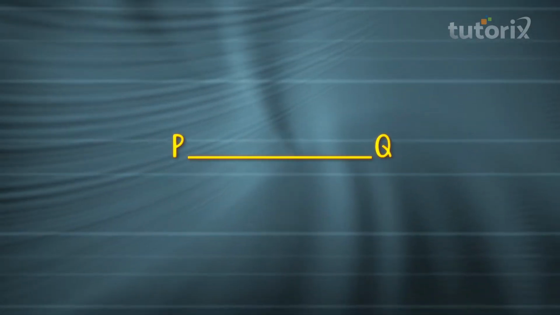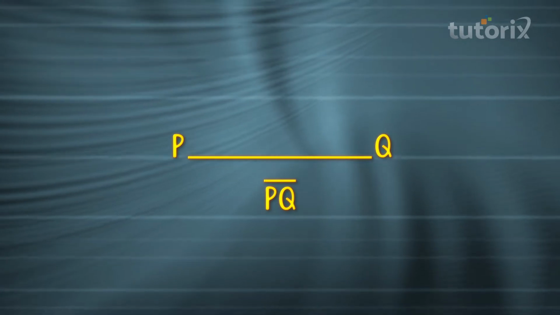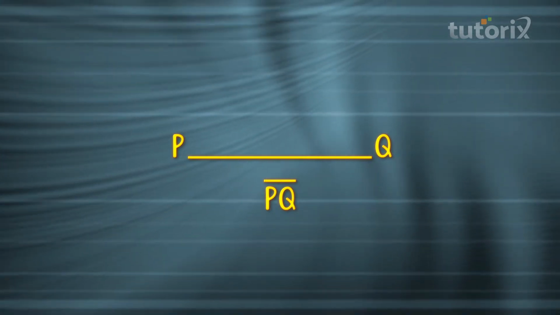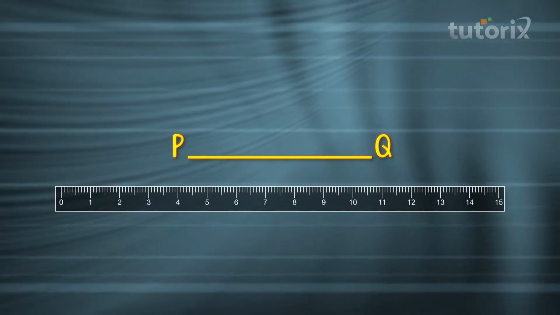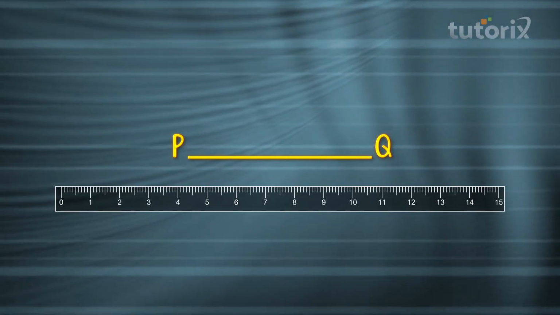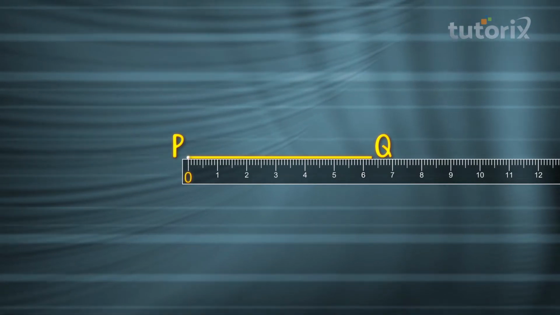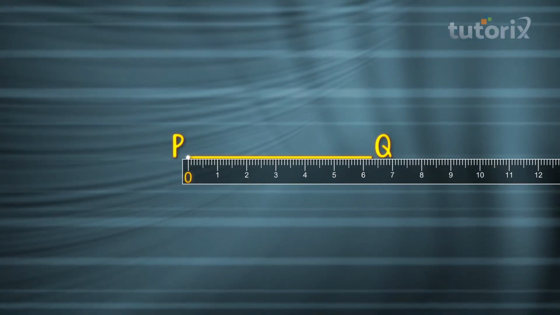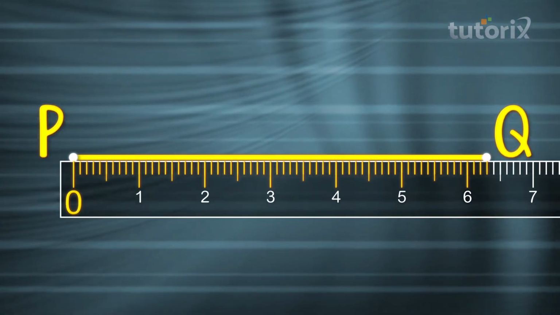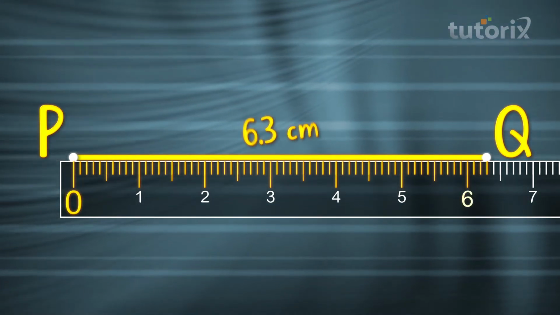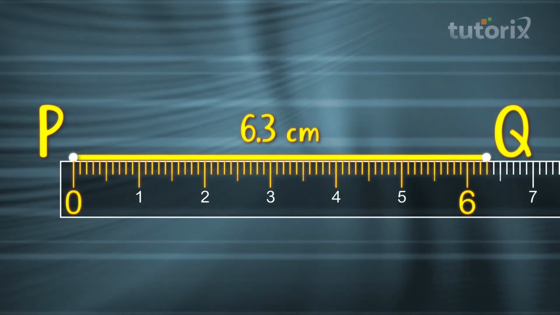So, here is the line segment PQ that we are supposed to measure. First of all, place the ruler along the line segment and coincide the 0 cm mark of the ruler with one of the ends of the line segment, say P. Now, record the reading of the other end Q on the ruler. Clearly, it is 6.3 cm.